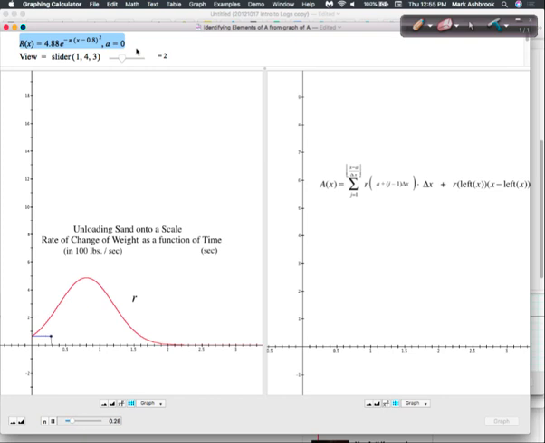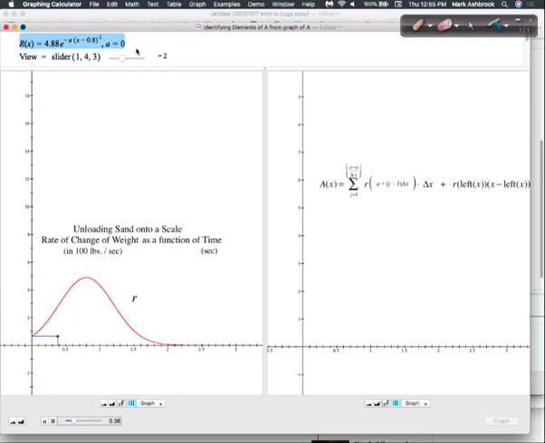Yeah, the weight's going to decrease? No, okay. It's good to think about. What's the rate? Is the weight ever decreasing? This is the rate of change of weight, right?